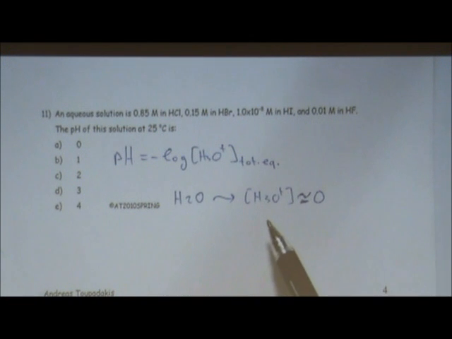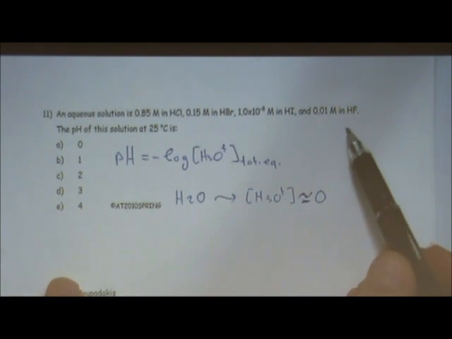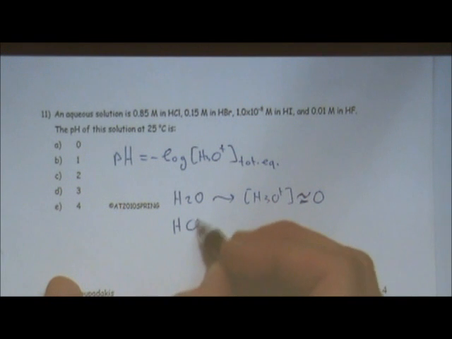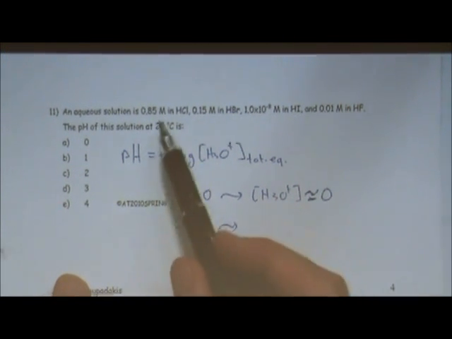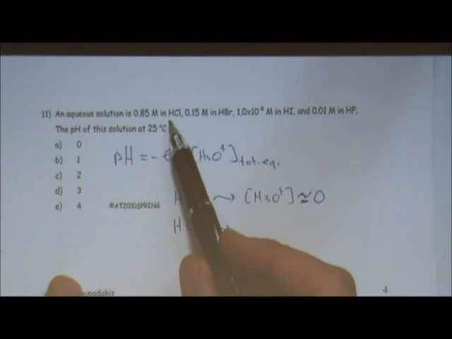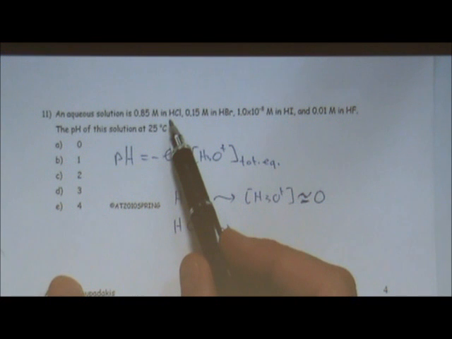Now let's see the acids we have there, because these are the other sources of hydronium ions. From the first one, HCl, hydrochloric acid, because it's a strong acid and it's monoprotic, 1 mole of HCl will give you 1 mole of hydronium ions.